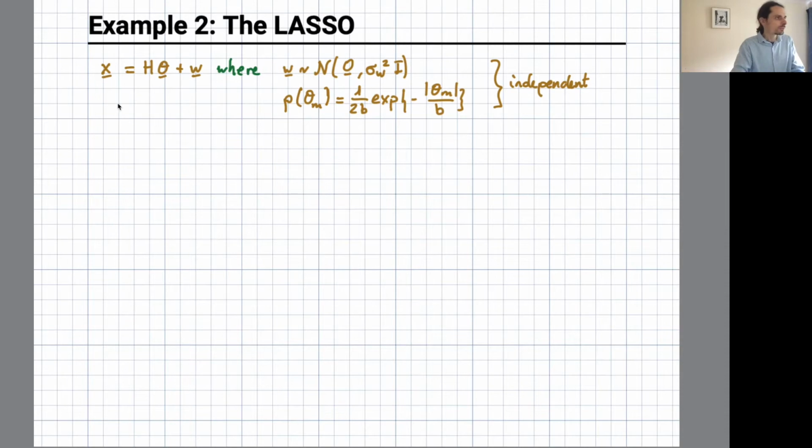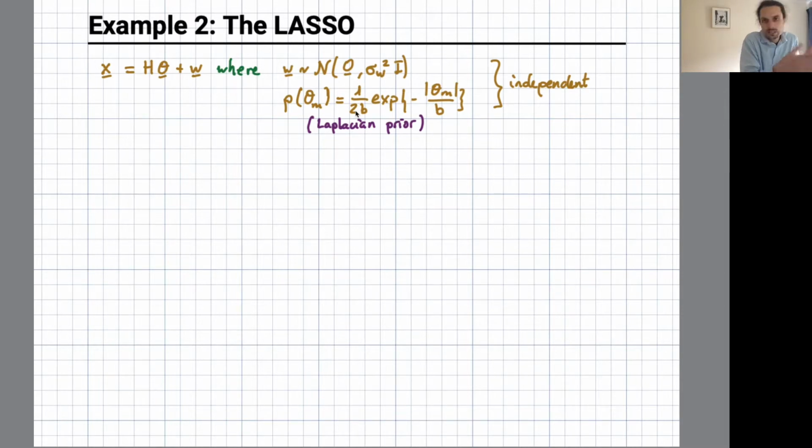This is another example. We also have a Bayesian linear model, but in this case the prior on theta is not Gaussian, but it has this form. This is what we call a Laplacian prior. Remember that a Gaussian PDF is an exponential of minus a positive definite quadratic form, divided by a constant.